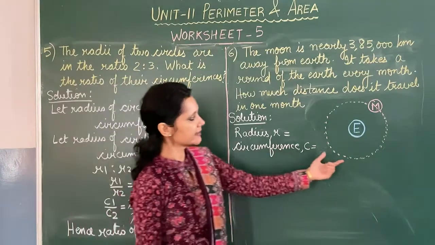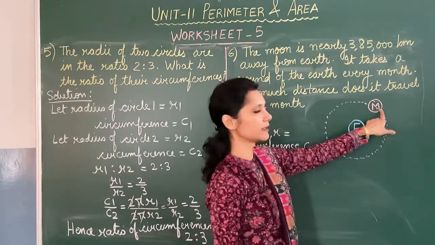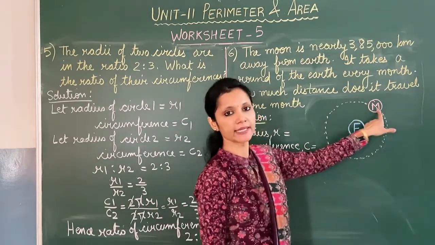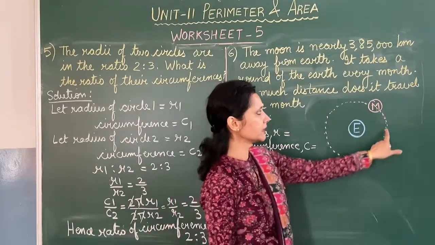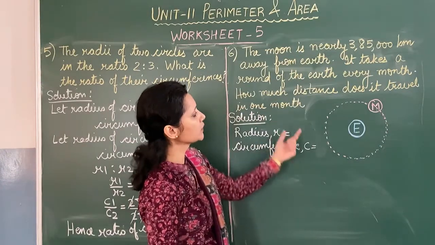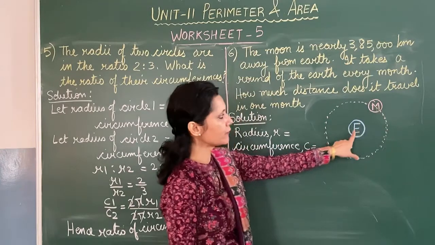Next is question number 6. As you can see in the diagram, the blue colored one is the earth and the pink colored one is the moon, and the moon is taking a round around the earth. According to the question, the moon takes a round around the earth in 1 month, and the moon is nearly 3,85,000 kilometers away from the earth.